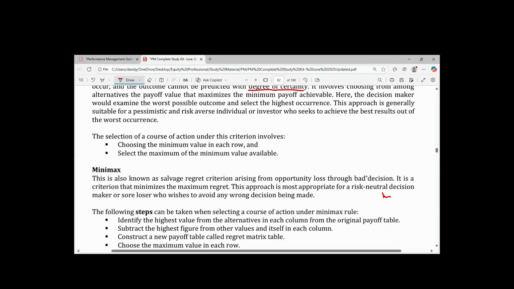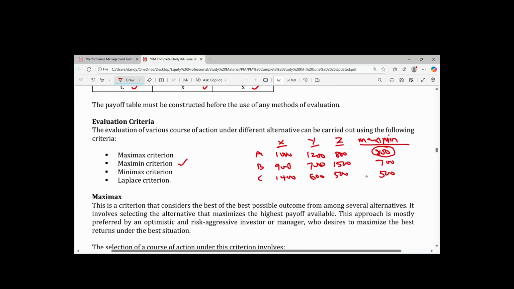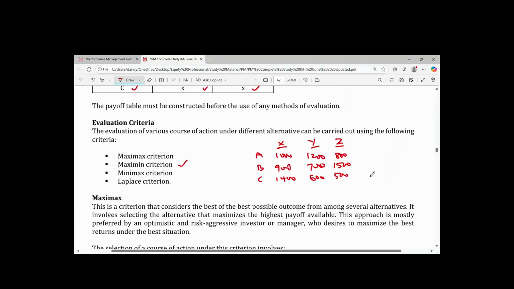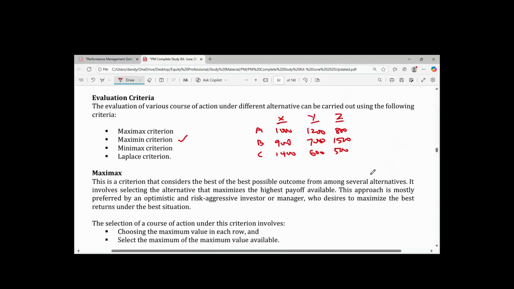Let's say, for example, in this our hypothetical figures, if I want to use the Minimax criterion, the first step is for me to identify the highest figure in each column. For the first column, the highest figure is 1,400.